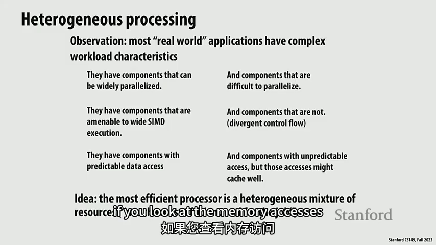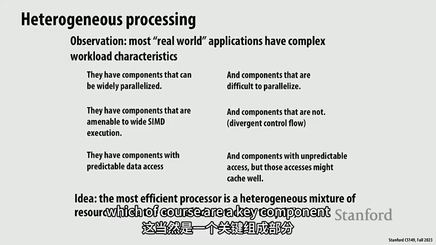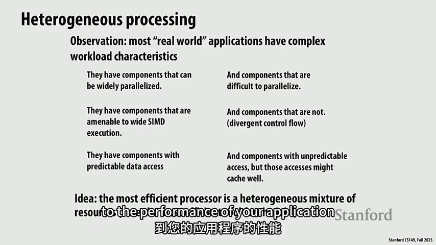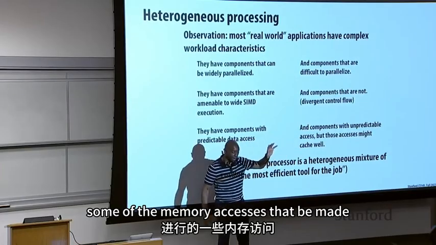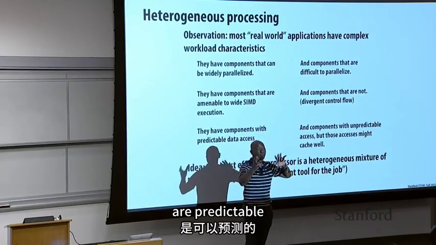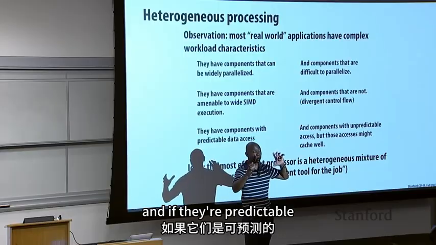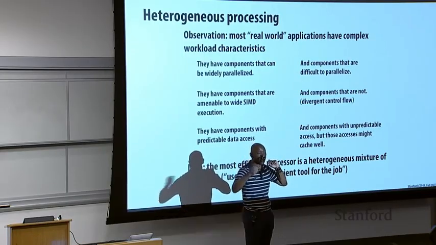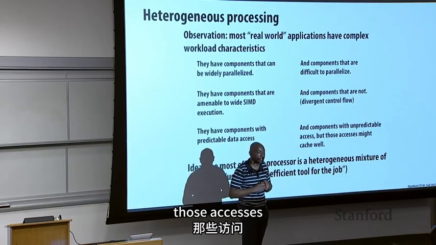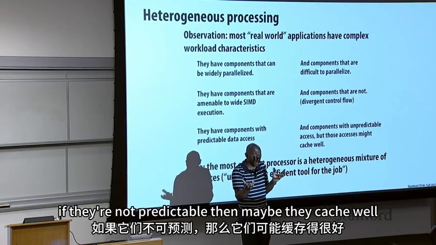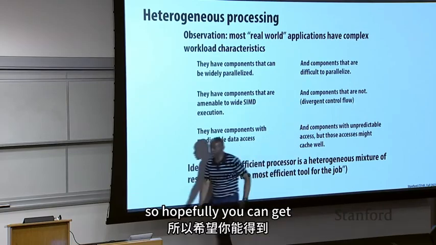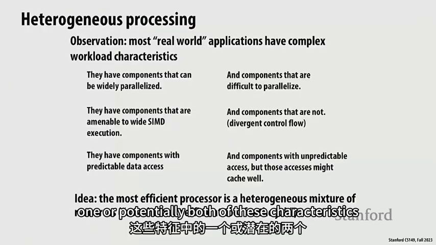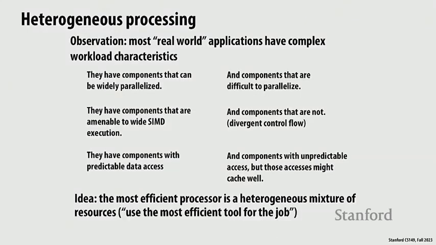If you look at the memory accesses, which of course are a key component to the performance of your application, some of the memory accesses being made are predictable. And if they're predictable, then of course you can prefetch those accesses. If they're not predictable, then maybe they cache well, right? So hopefully you can get one or potentially both of these characteristics, okay?